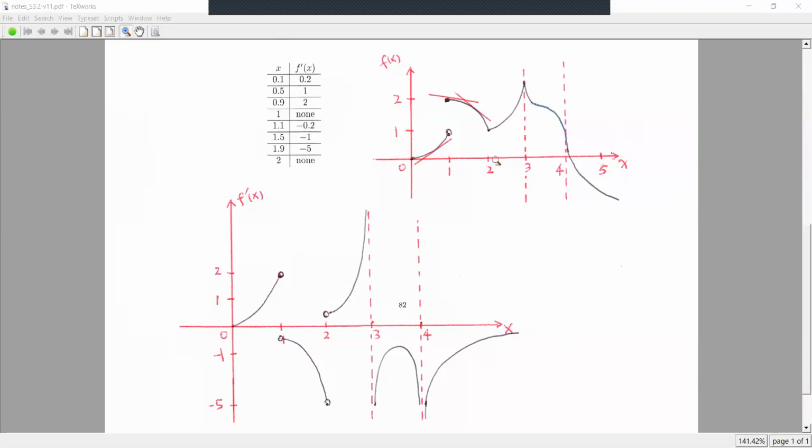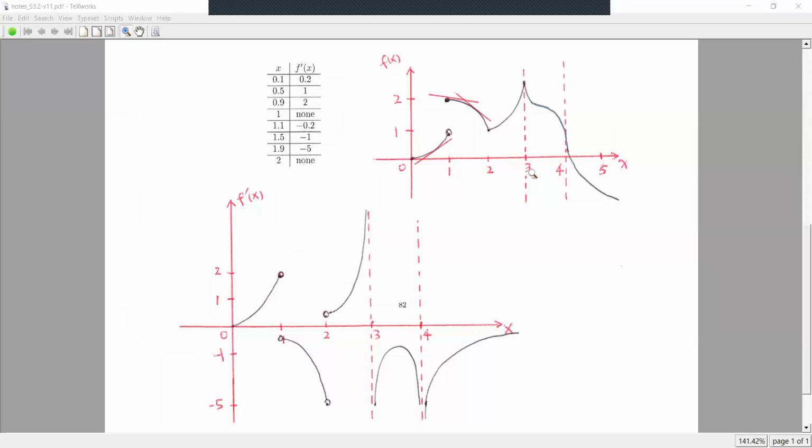When x is close to 2, the tangent line there is quite flat. So when x is close to 2, the derivative is small. But when x is moved away from 2, the slope of the tangent line is increasing.